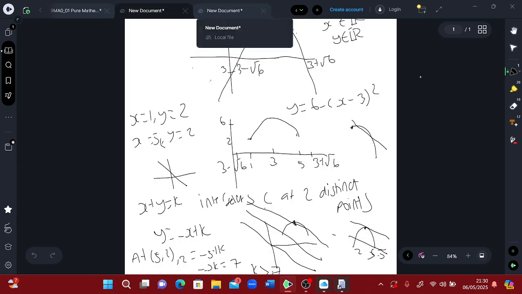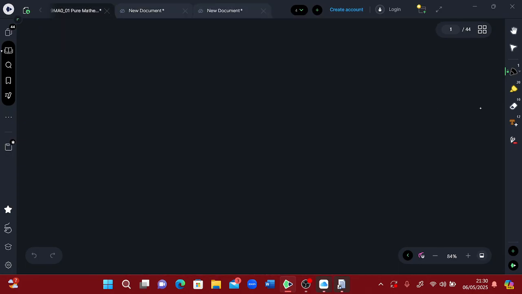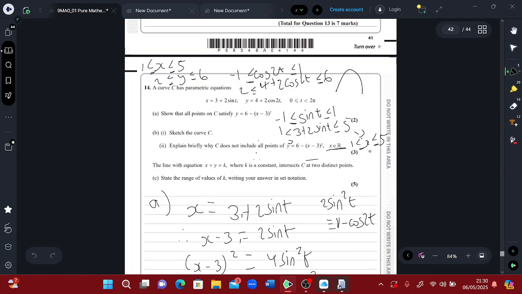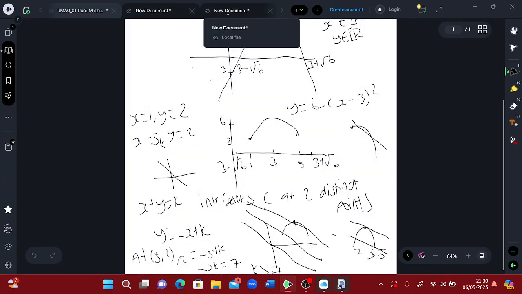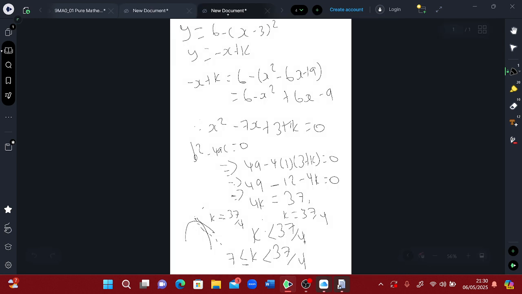And that's our answer. However, I remember the final caveat, set notation. I'm going to get rid of this here. So, in set notation, for A level, you don't really need to know sets.